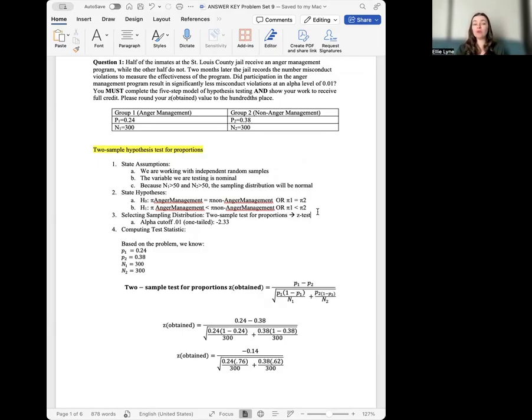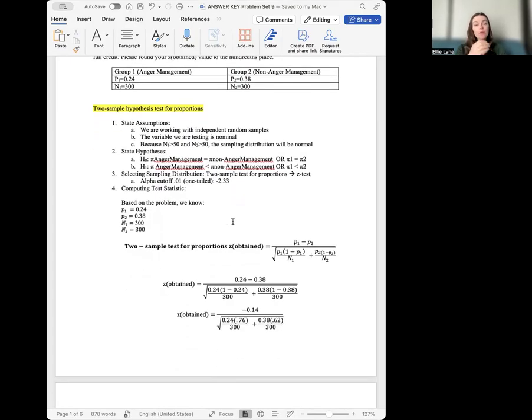Now knowing both of those pieces of information, both our alpha level of 0.01 and that it's a one-tailed test, we can go to our chart and check off that we have a z critical value of negative 2.33. We know that this is negative because it specifies that it is significantly less, so it's on the negative end of our distribution. If it had said significantly more, then it would have been positive 2.33. So either way.